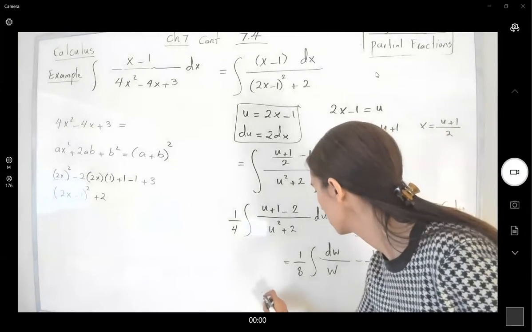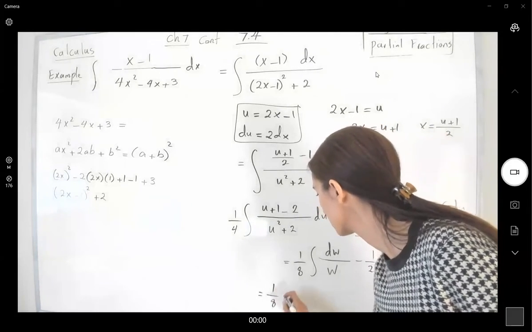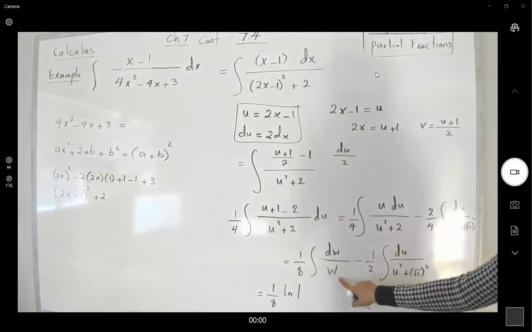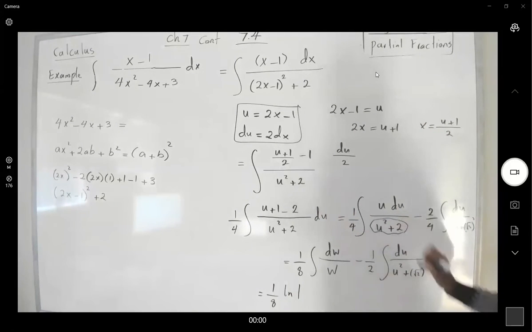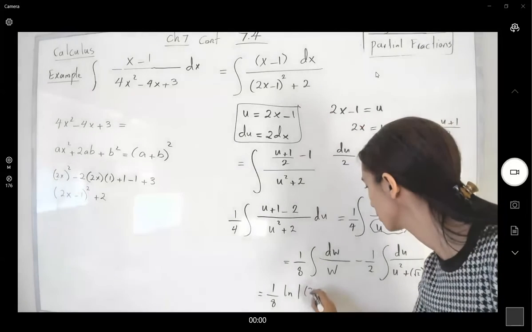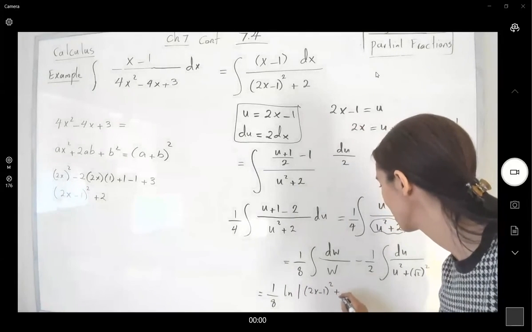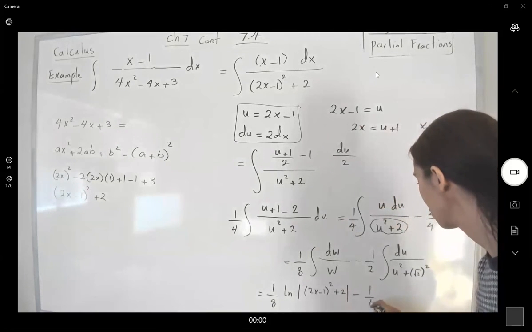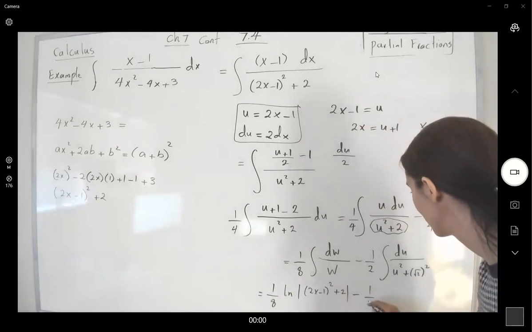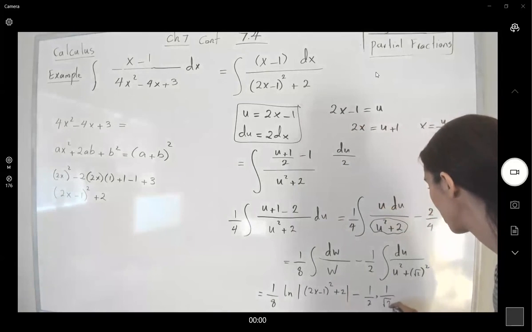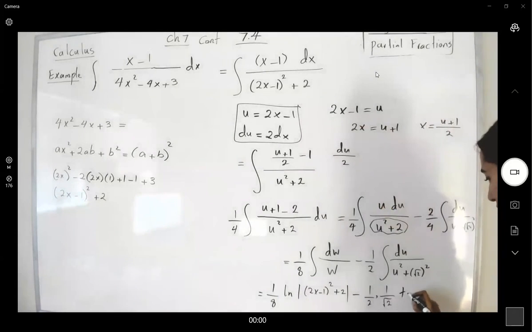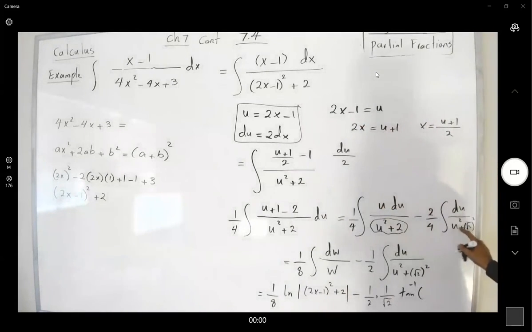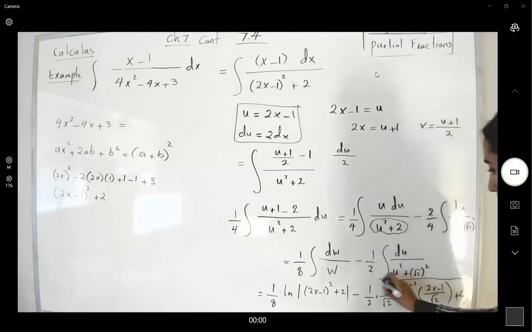So here we have 1 over 8 ln of absolute value of w, where w is u squared plus 2 and u is 2x minus 1, so 2x minus 1 squared plus 2, minus 1 over 2 times 1 over square root of 2 times inverse tangent of u divided by square root of 2, 2x minus 1 divided by square root of 2, plus the constant of integration.